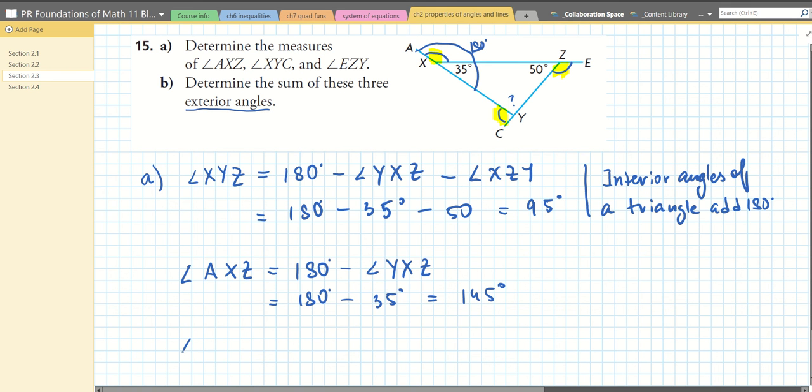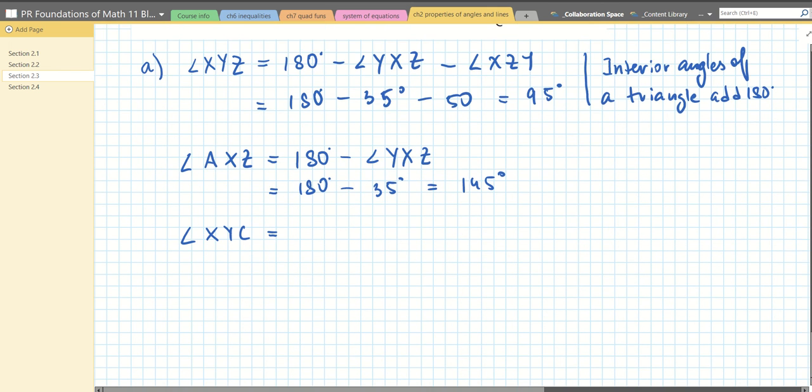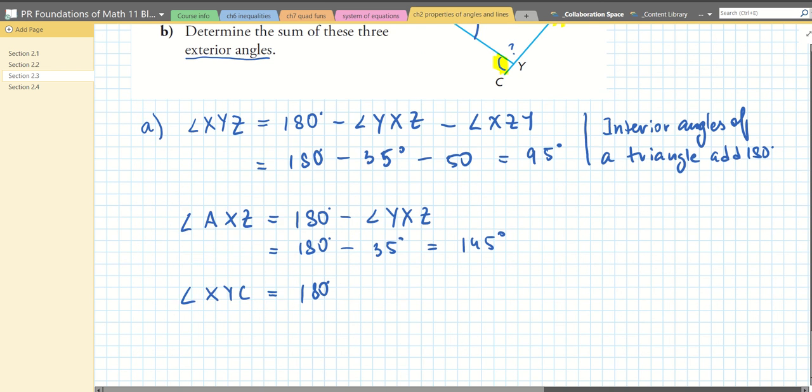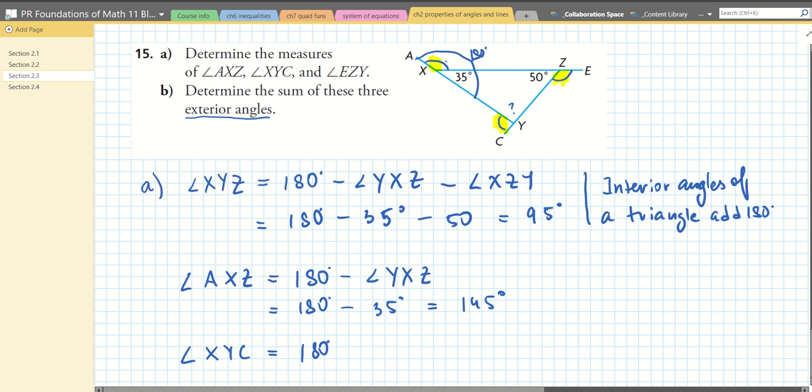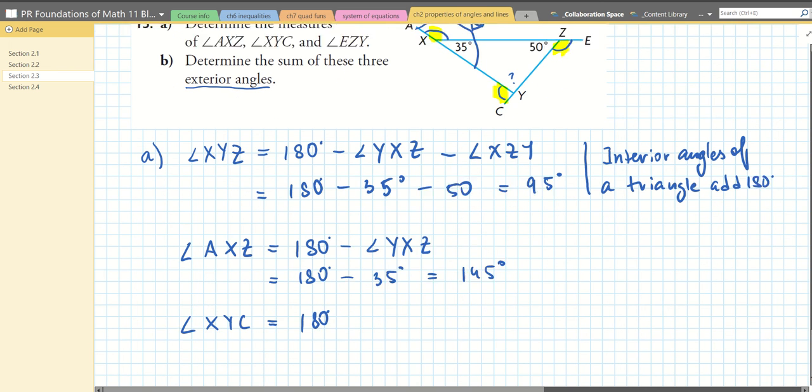Let's do the next one, XYC. Again, the justification for all of these calculations is that these are supplementary. So XYC is going to be 180 minus the one we just found in the first step, the angle that we called XYZ.